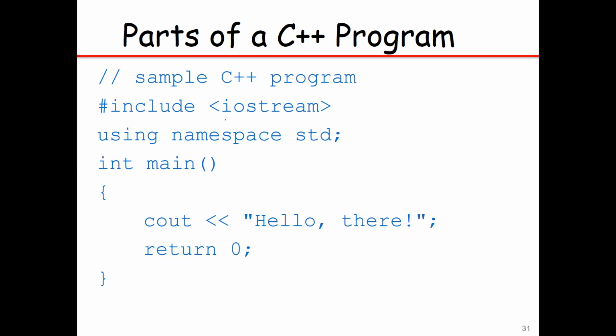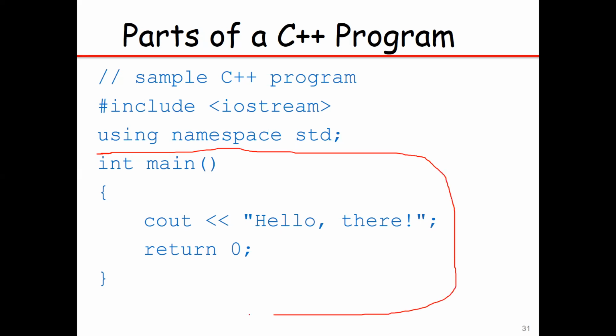Then hash include is what? This is called a preprocessor directive. So the program will start from here. The actual program is this, and this actual program will have some statements written before it.